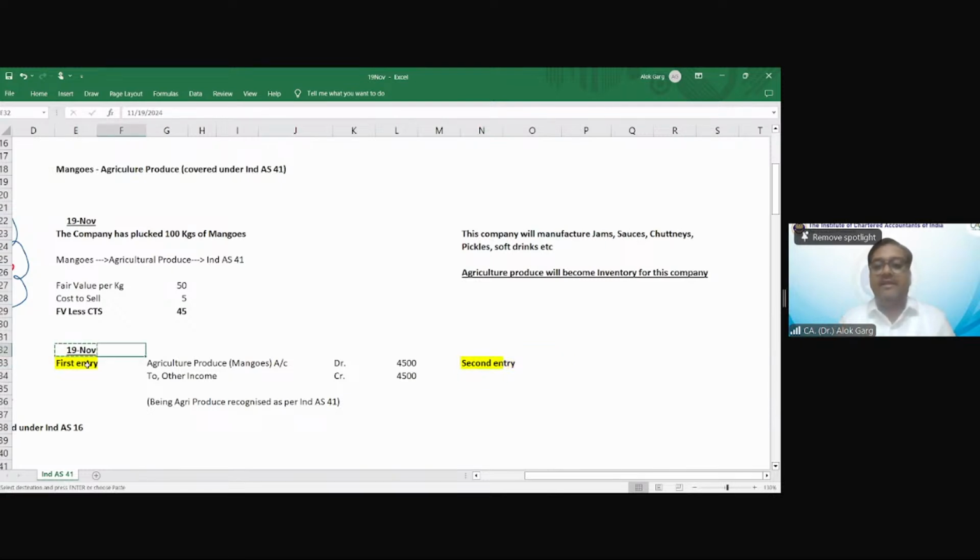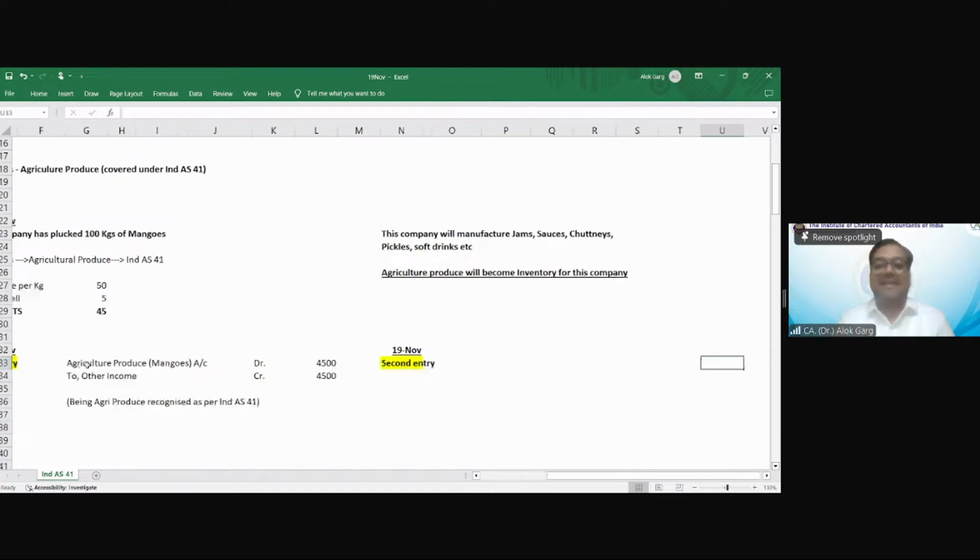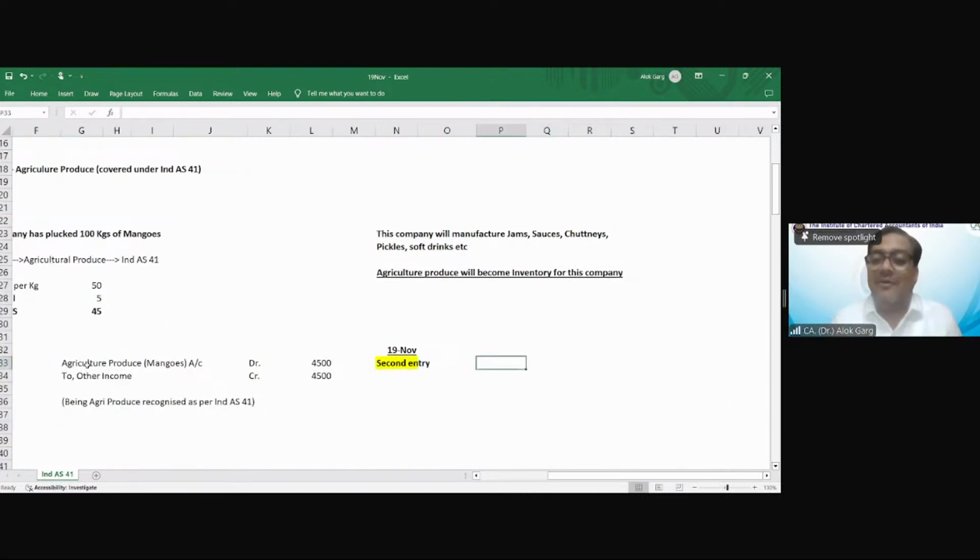Now you remember I have told you that this standard is only applicable to the agriculture produce at the point of harvest. After harvest, other standard will be applicable. Now it will become inventory as per Ind AS 2.